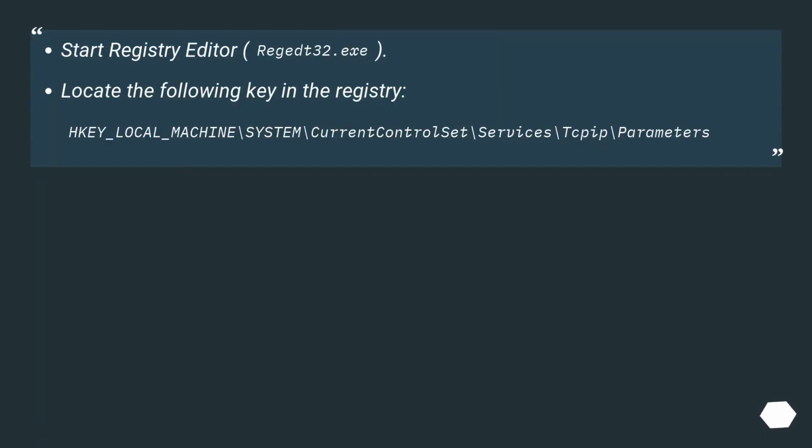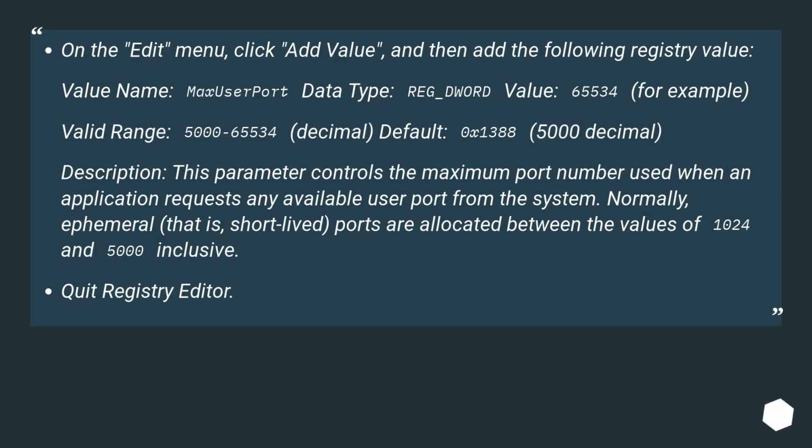Start Registry Editor, regedt32.exe. Locate the following key in the registry: HKEY_LOCAL_MACHINE\SYSTEM\CurrentControlSet\Services\Tcpip\Parameters. On the Edit menu, click Add Value, and then add the following registry value. Value name: MaxUserPort. Data type: REG_DWORD.